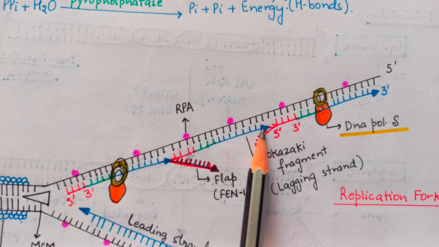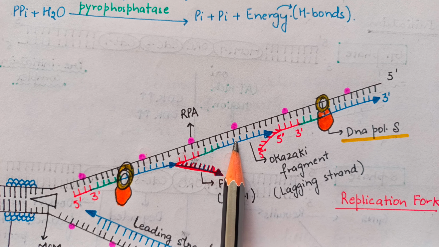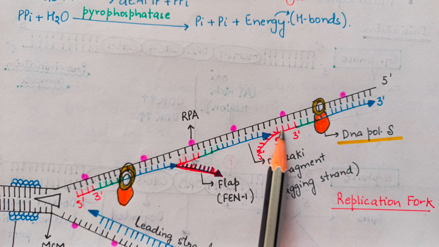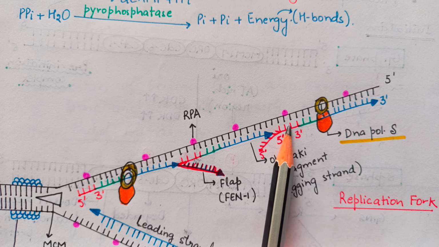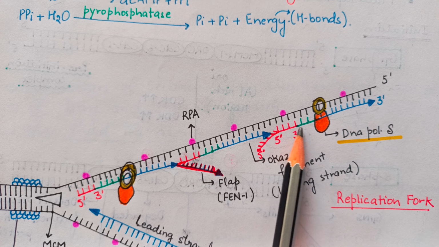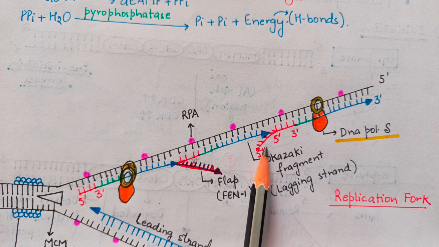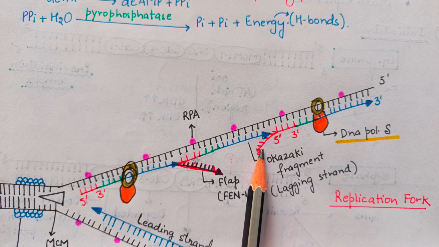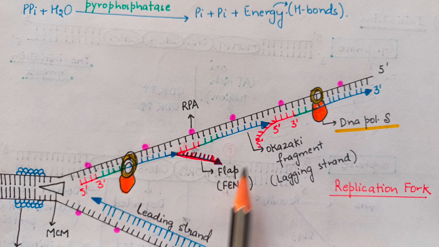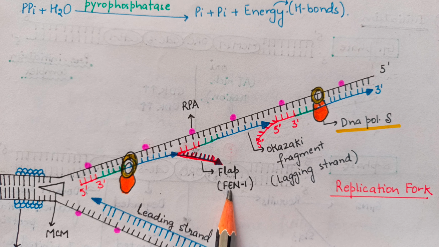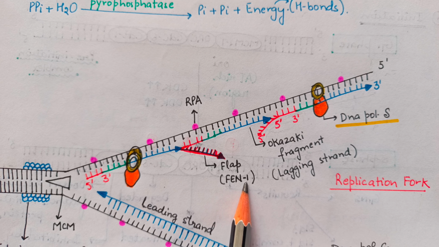This is very clear through this diagram. When the new strand is forming, it pushes this 5' end, and this leads to the hanging of this RNA primer. So this hanging RNA primer needs to be removed. This hanging portion is called a flap, which is removed by FEN1, flap endonuclease 1.